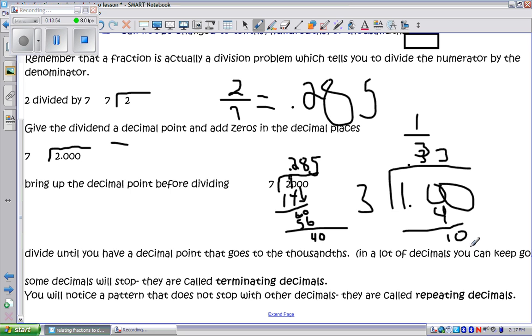Okay, 3 times 3 is 9. Do you notice a pattern? That's what's called a repeating decimal. And what we do with repeating decimals, because they go on forever, is we write them with a bar over the top of them. 0.3 with a bar over the top means that 3 keeps repeating again and again and again. And that's what 1/3 is going to be equal to.